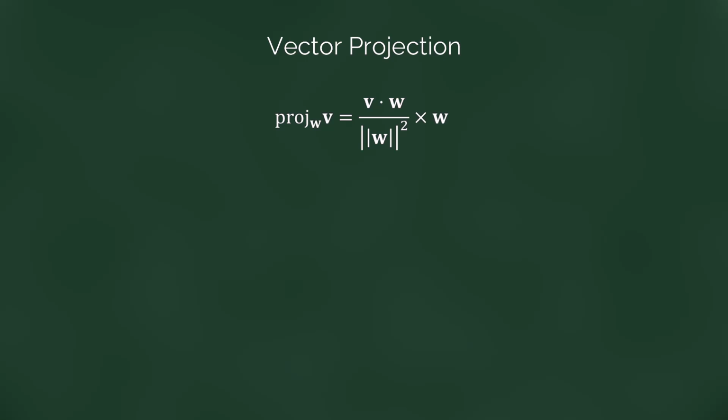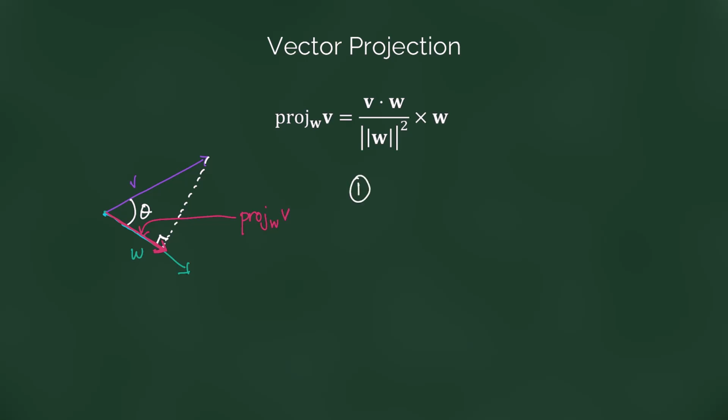Since this scalar projection gives us the length and direction of the projection vector itself, we can use that then to come up with this formula for the projection. We'll look again at our picture. And we can see that the projection of v onto w is going to be some multiple of a unit vector in the direction of w. So in order to find it, we need to do two steps.